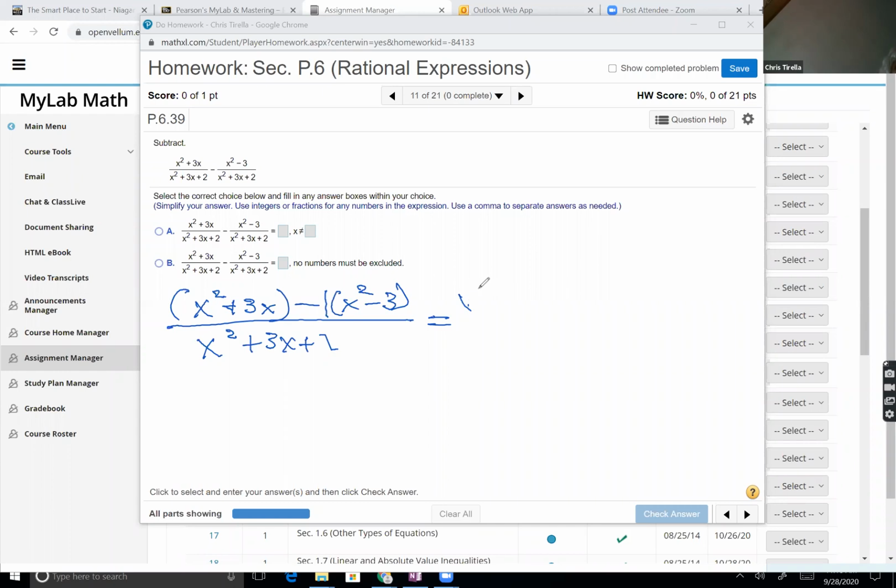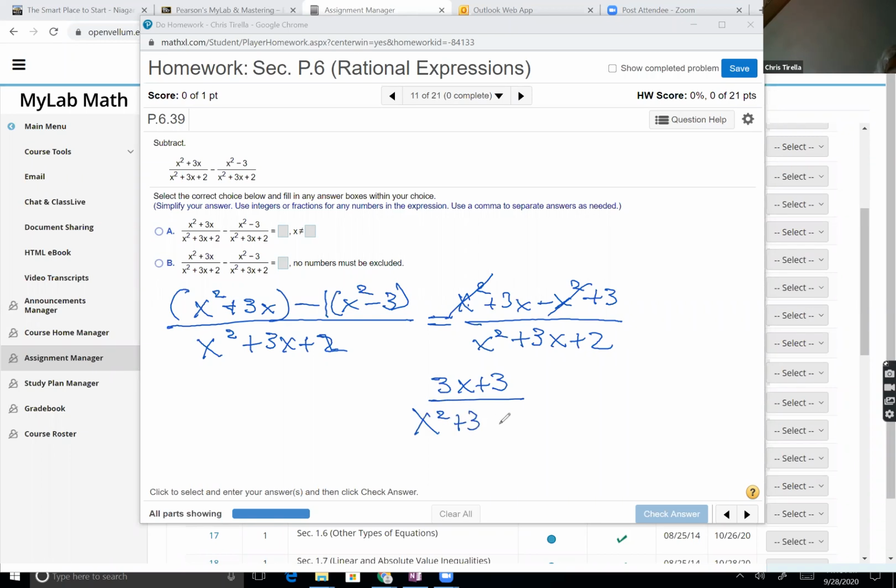That becomes x squared plus 3x minus x squared plus 3 over the x squared plus 3x plus 2. And so that gives me 3x plus 3 over x squared plus 3x plus 2.